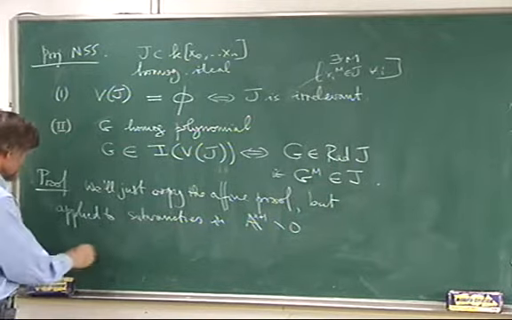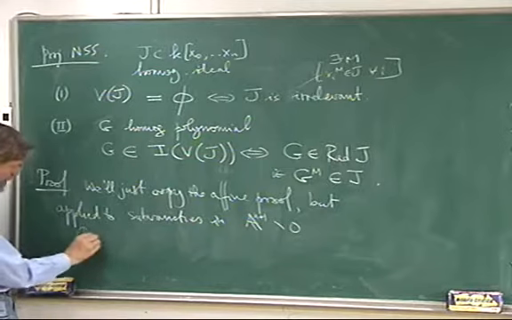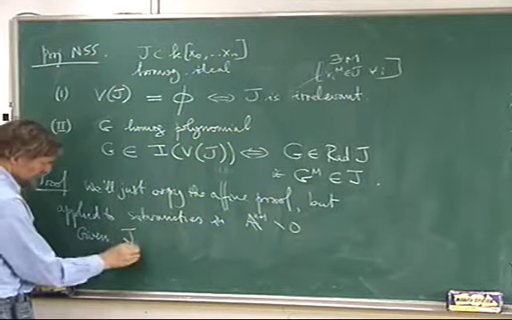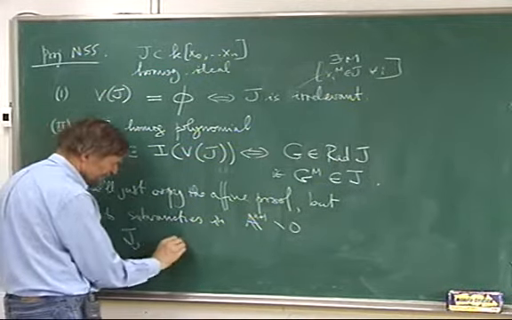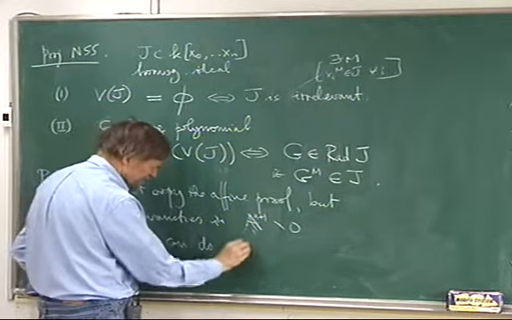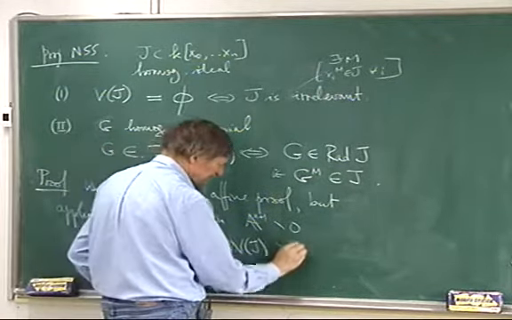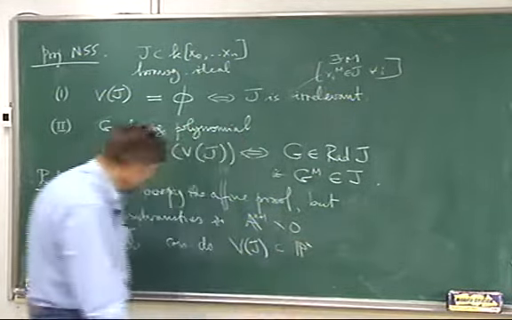So in other words, given J, I can do V of J in Pn, right?